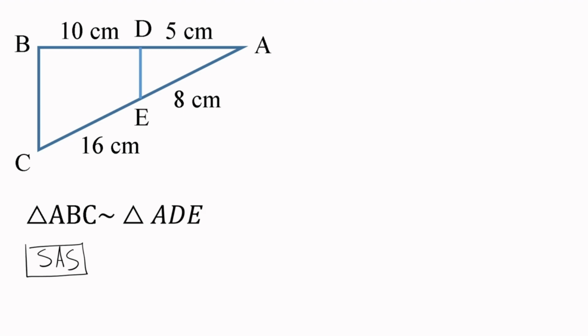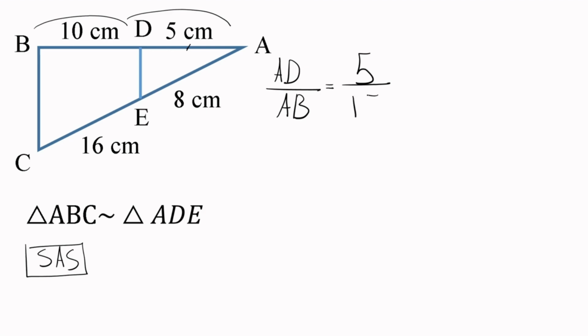Okay, I'm going to start with finding the ratio of corresponding sides. This is the first one. AD from the smaller triangle over AB from the larger triangle is going to be 5 over, what is the length of AB? As you can see, this one plus this one, so it's going to be 15, or 1 over 3.